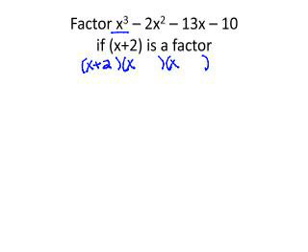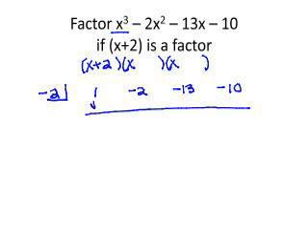Use synthetic division. It tells us it is a factor, so when we use synthetic division, then we should come up with a remainder of 0. So because x plus 2 is the factor, the negative 2 is the root, so we're going to put negative 2 on the shelf. Then we look at our polynomial that we're dividing into. Looks like all of the powers are there in decreasing order then. Our coefficients would be 1, negative 2, negative 13, and our constant is negative 10.